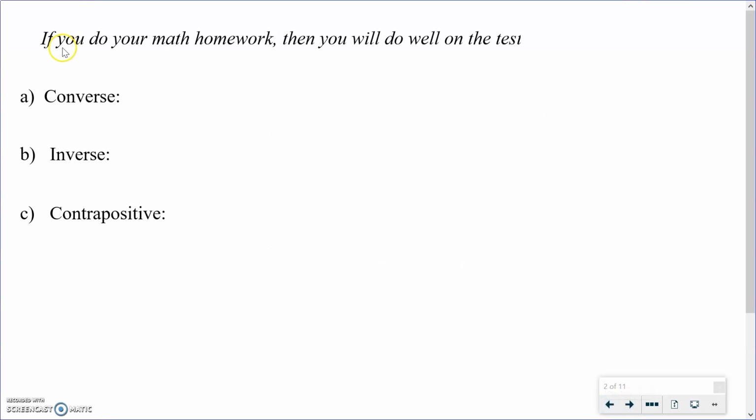So the first thing is the hypothesis is if you do your math homework, and the conclusion is then you will do well on the test. Okay, so the converse, again, you just switch it.